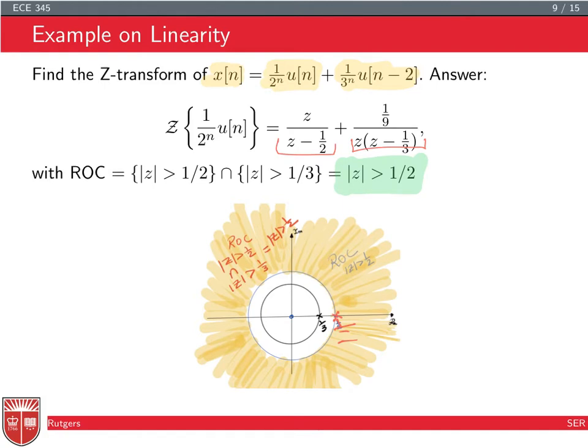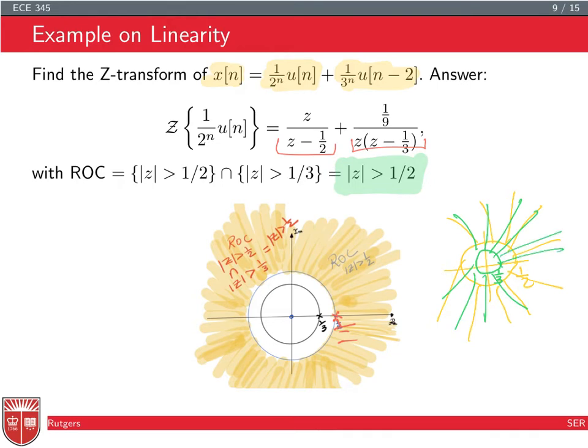To summarize, the ROC of the sum is the intersection of both ROCs. The ROC of the first signal was the norm of z bigger than 1/2, so it was the exterior of the circle here. And the second ROC, maybe I'll use a different color, was the exterior of the circle of radius 1/3, so it was here.